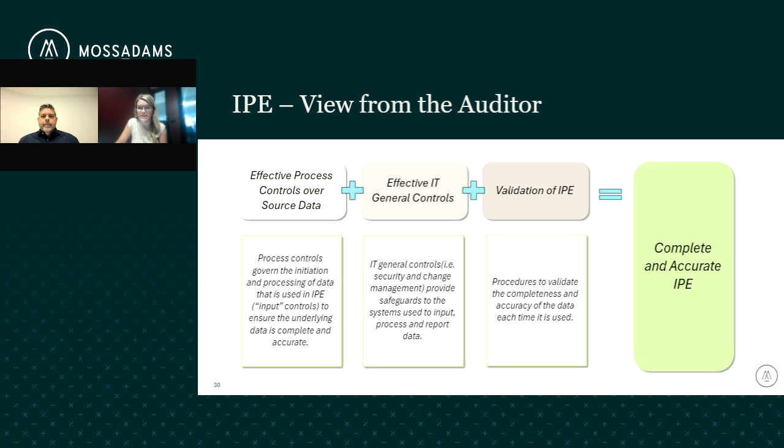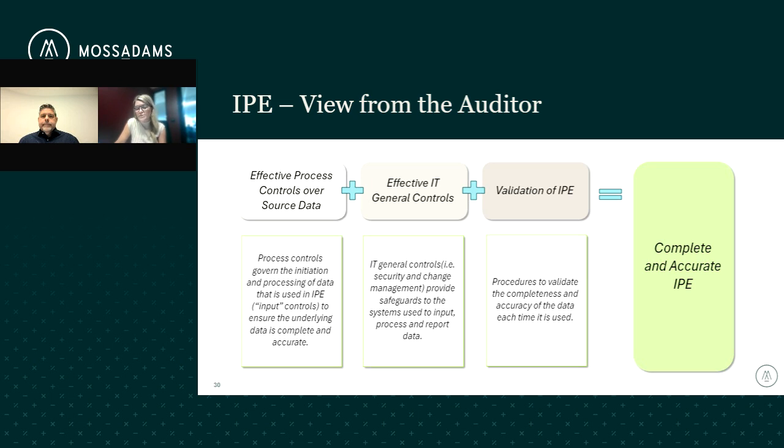The second is having effective IT general controls, so controls around security and change management, making sure any of those changes made to the application are authorized and tested so that those automated controls, key reports are being tested and functioning as intended. And then the validation of the IPE once that data or information is produced from an application.